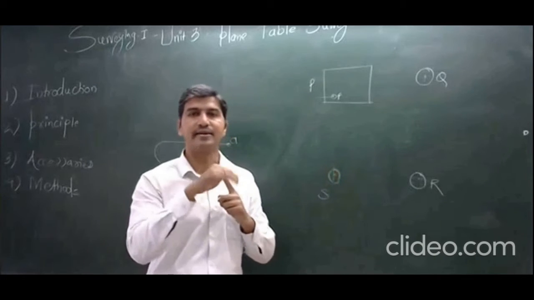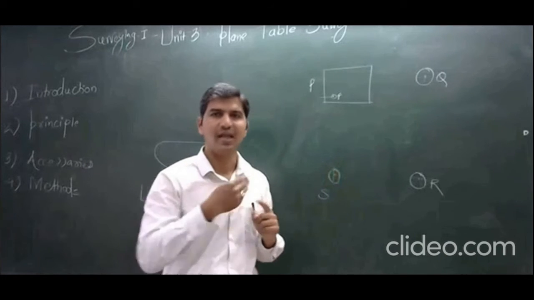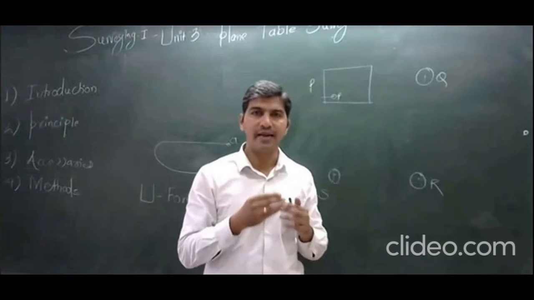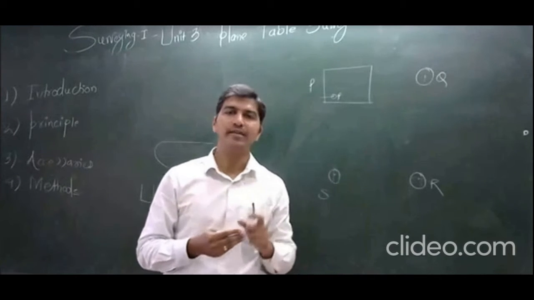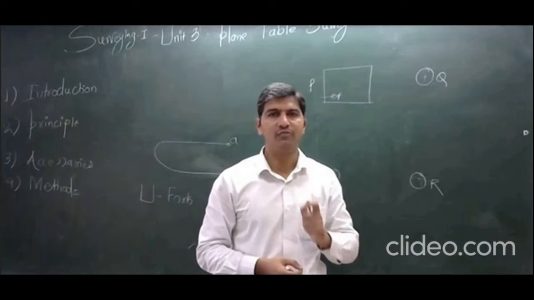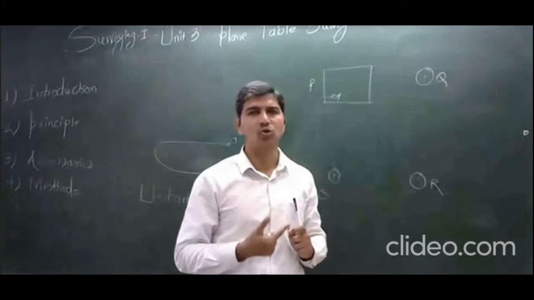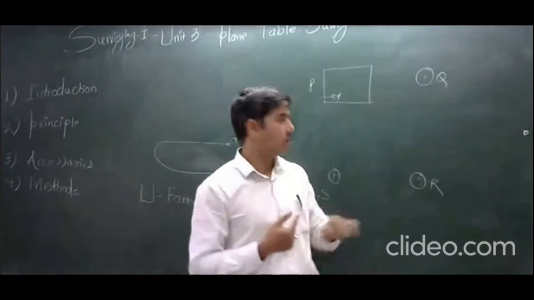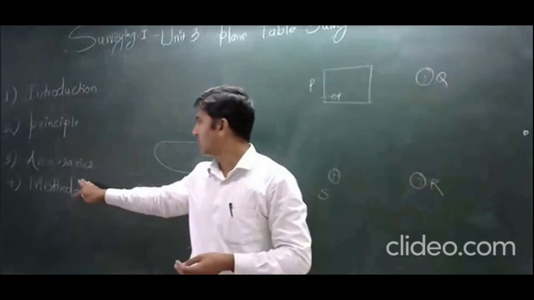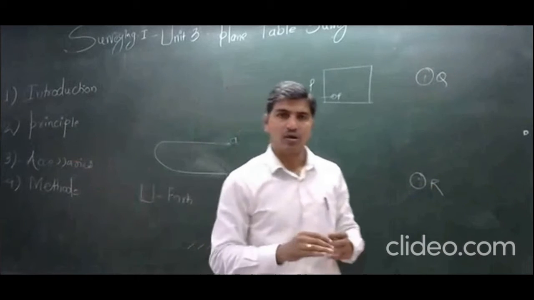It will act like a telescope. There are two types of alidade: the first is plain alidade, and the second is telescopic alidade. I will tell you the whole construction of accessories required for the plane table.